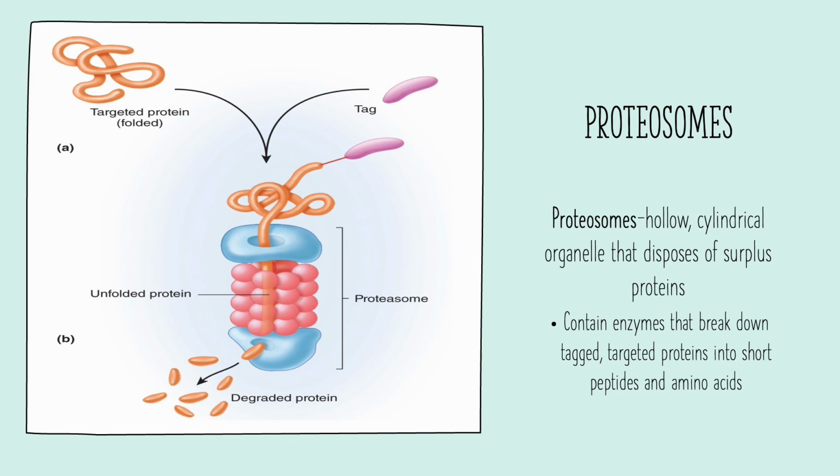They get rid of extra protein. They contain enzymes that break down the specific protein that needs to be broken down. And they target proteins and break them into short peptides and amino acids.